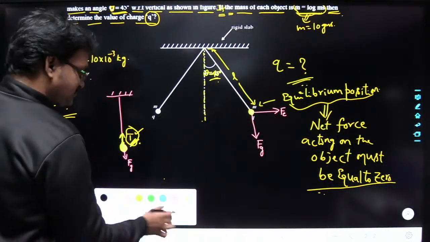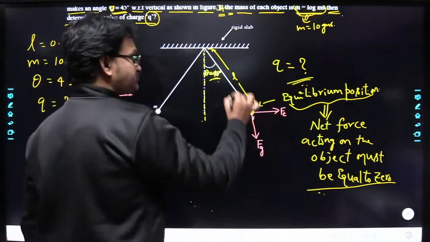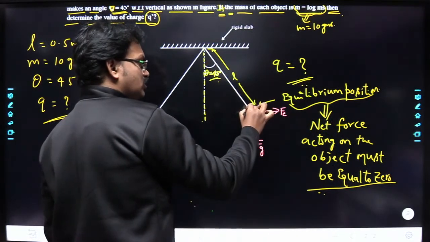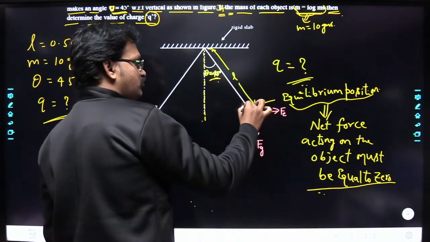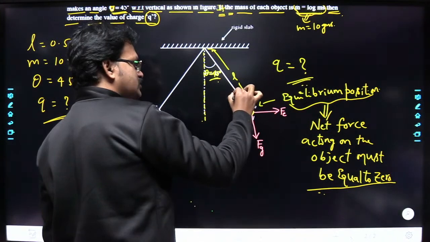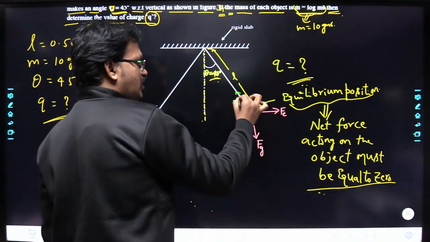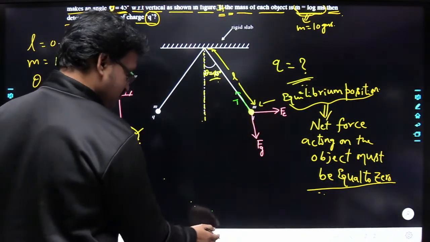Now here, this is the string. The tension force in the string is going to act in this direction.